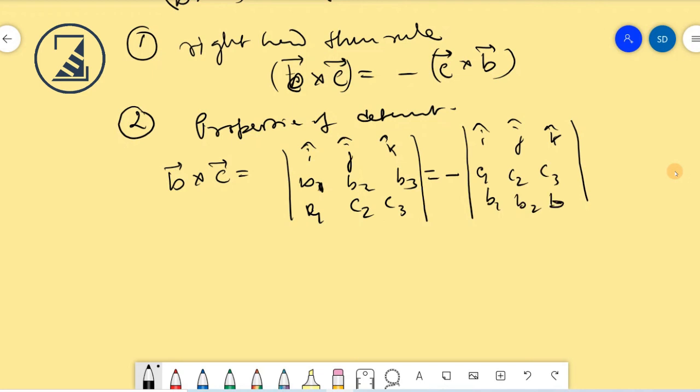This minus sign is due to the property of determinant that if we interchange two rows of a determinant, a minus sign comes. So this is nothing but minus of C vector cross B vector. This is something we have shown using the properties of determinant.